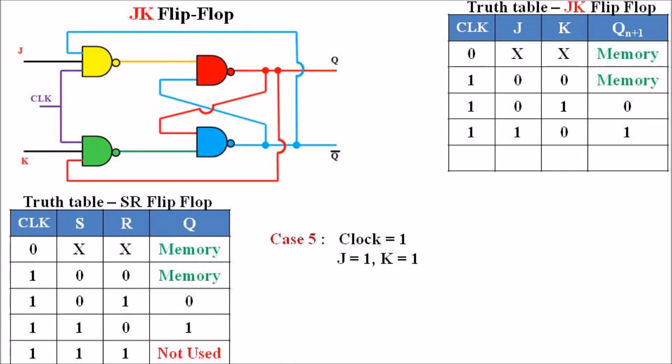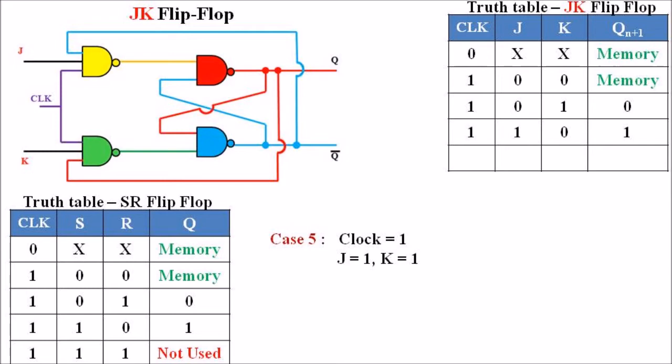If we analyze this JK truth table, it is similar to the SR truth table for the first 4 conditions. If clock is equal to 0, the output will be memory. Clock equal to 1 with J equal to 0, K equal to 0 yields a memory condition, and clock equal to 1, J equal to 0, K equal to 1 results in an output of 0, and J equal to 1, K equal to 0 for a clock of 1 yields an output of 1.